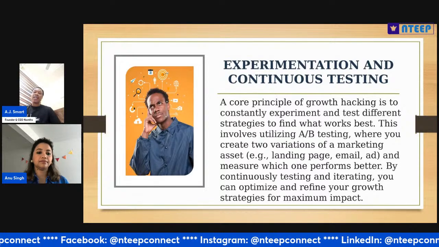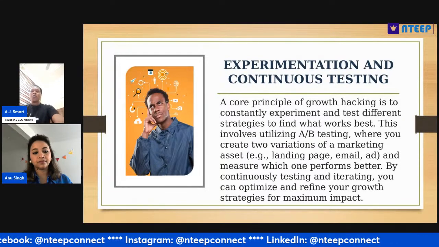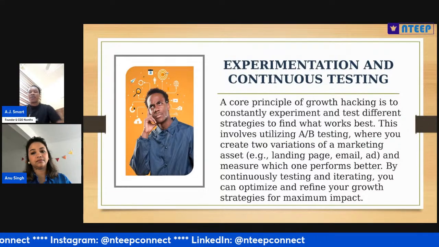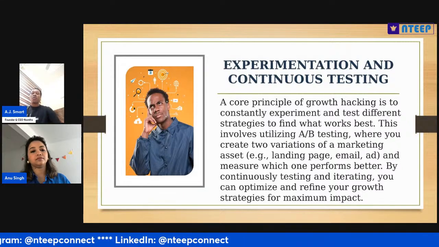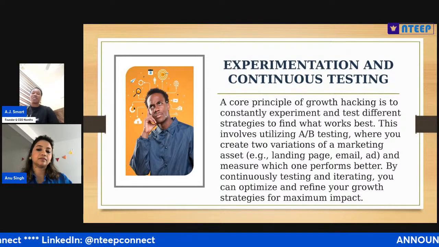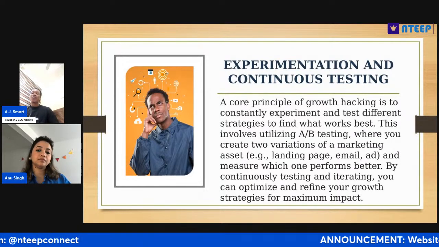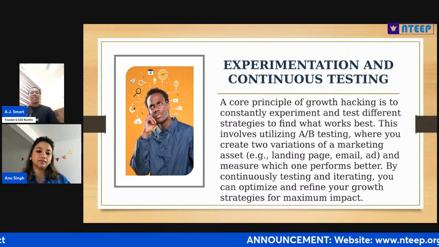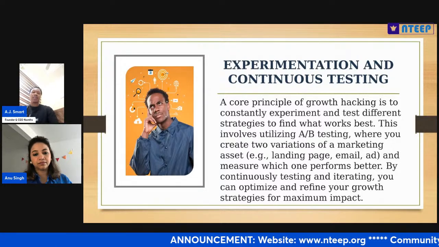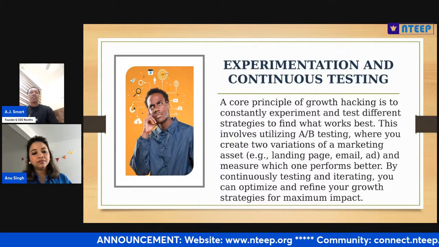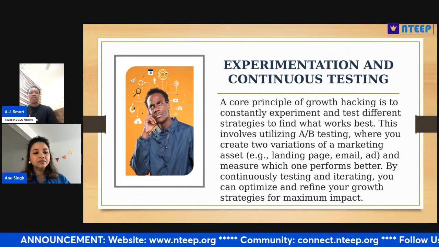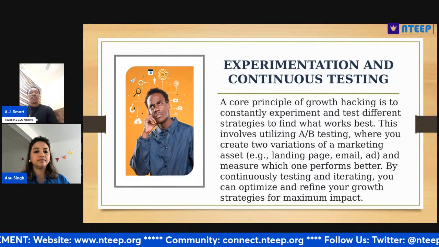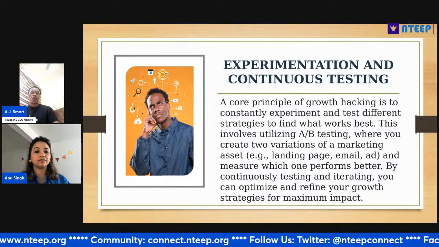Now, the next thing is experimentation and, of course, continuous testing. As I mentioned earlier, you go to the market because the idea is to gather as much data as you can on your customers, how they relate to your product, their preferences, what kind of product and what kind of approach works best.